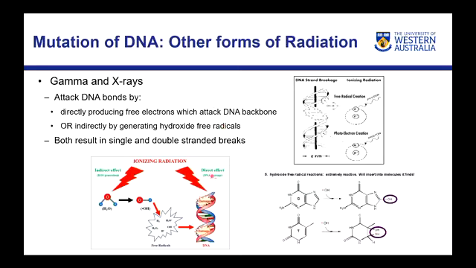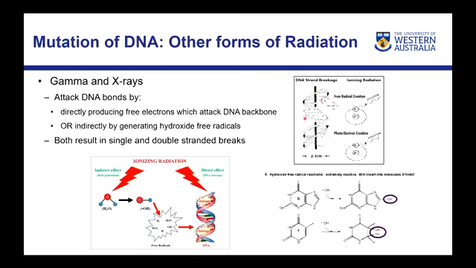So here you can see that happening, free electrons that attack the DNA backbone, or indirectly, as shown here, by generating hydroxide free radicals, and this also damages the DNA. These hydroxide radicals here can also cause damage. It can cause damage at a single strand, or it can cause damage in both strands.